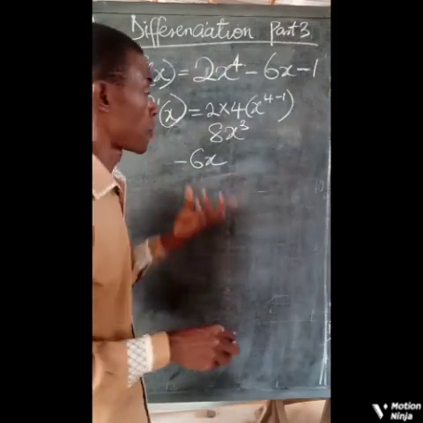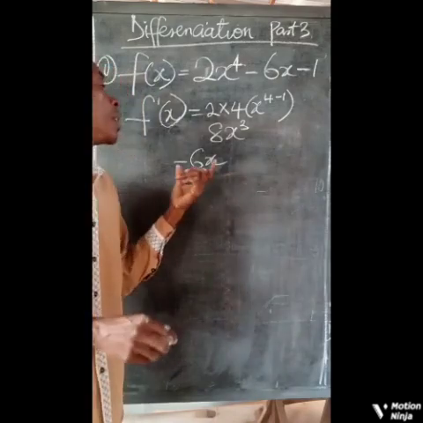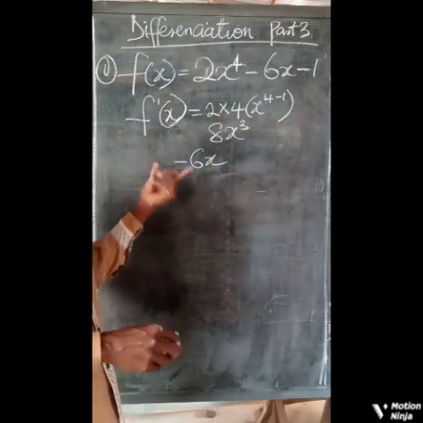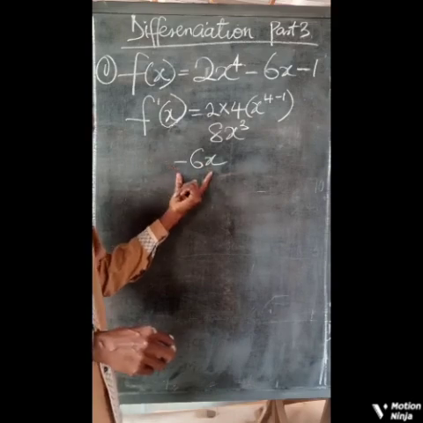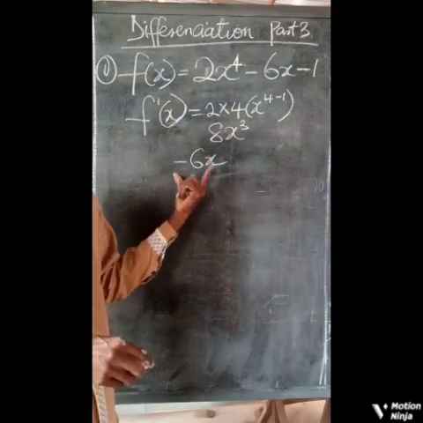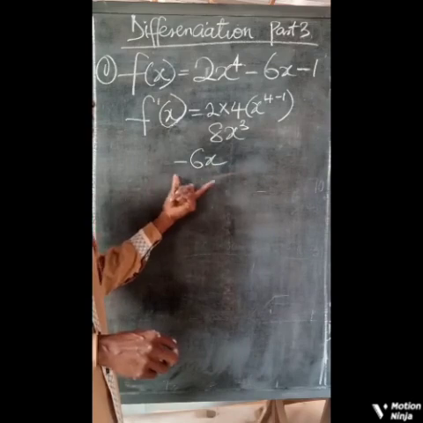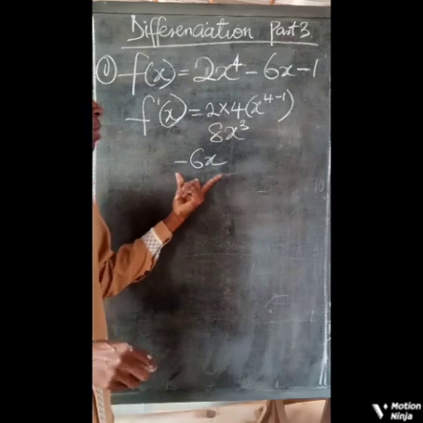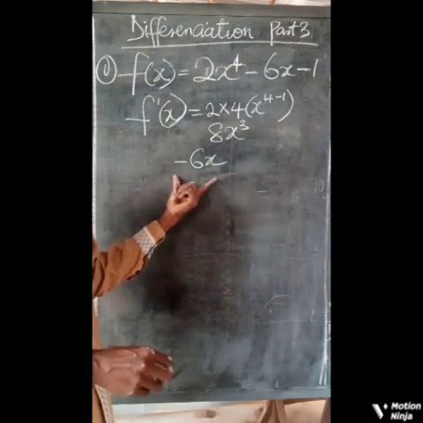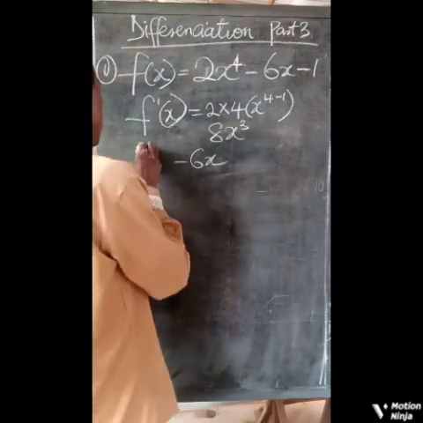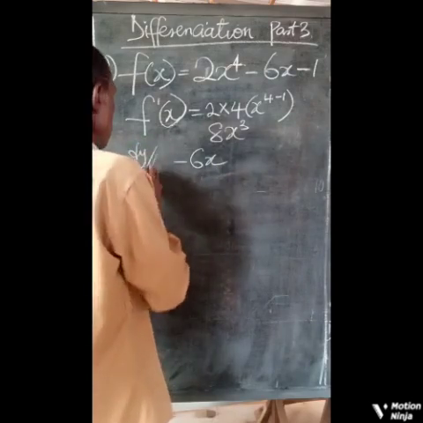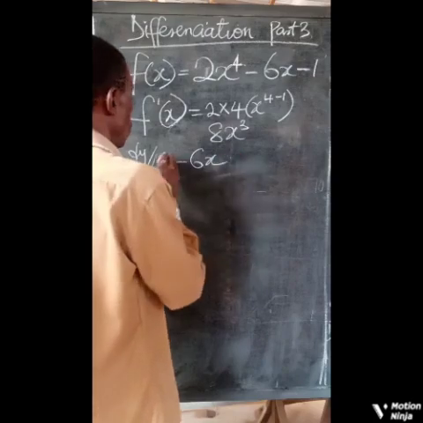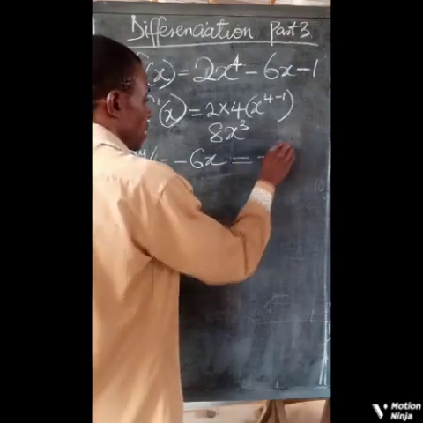If you have followed us in the first and second videos, you know that when you have a letter multiplied by a coefficient, whether plus or minus, your derivative is just the coefficient. So here it's minus 6. So dy/dx for this is equal to minus 6.